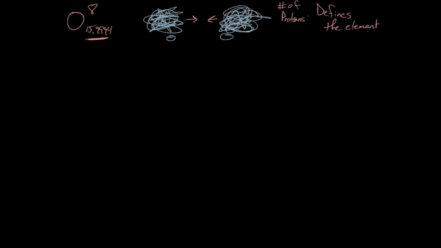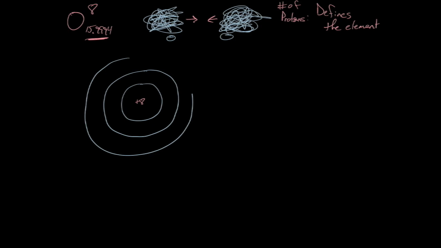So if we have 8 protons in the center here, plus 8, and we look at the orbitals, the shells, right? Now there's something to these shells that we haven't discussed yet, so be ready for it. It gets a little more complicated. We're only going to discuss the first two energy levels or shells.